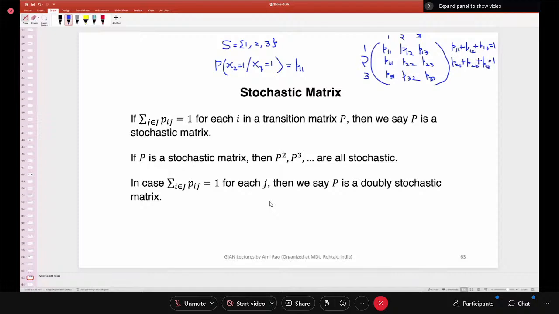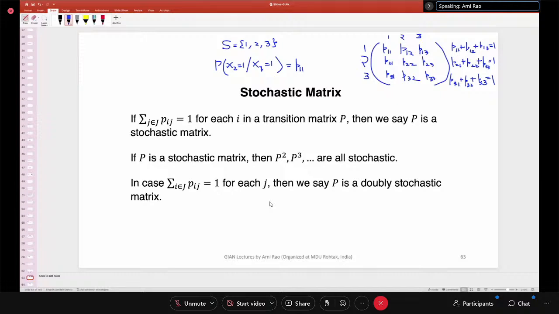Similarly, P31 plus P32 plus P33 equal to 1. If these are all 1, 1, 1, each row, sum of the values of the probability is equal to 1, then that is called a stochastic matrix.